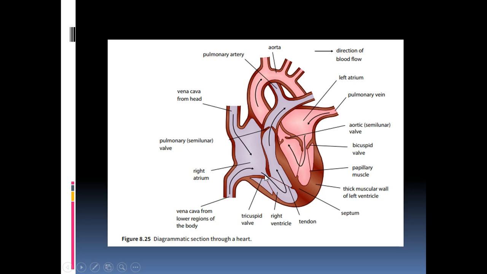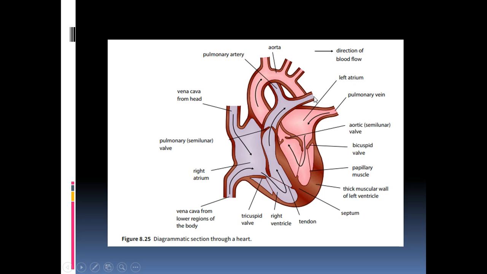Next, the right ventricle will contract. Blood will then be forced out of the right ventricle into the pulmonary artery, where blood will be sent to the right side of the lung and to the left side of the lung. You can see the two branches here.